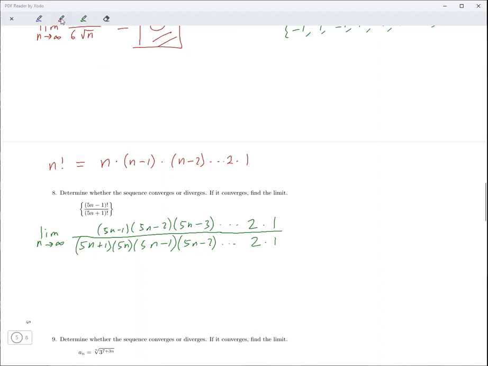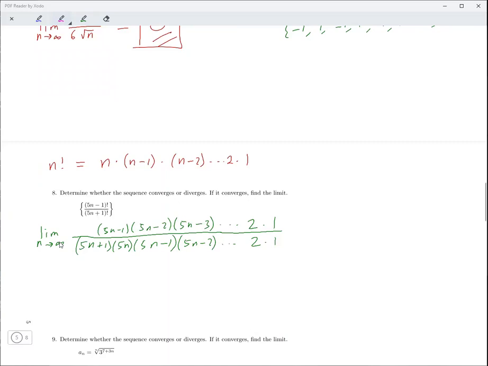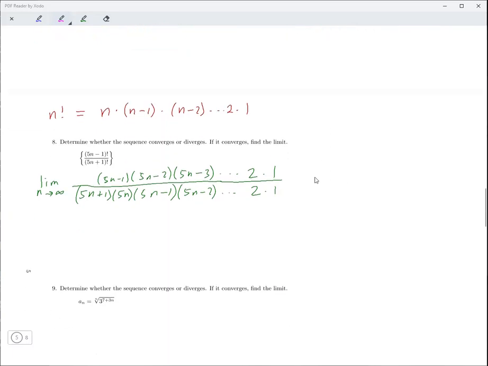a very fun thing happens, right? Called canceling. This is real canceling. This is like mathematics canceling, which is much more fun than cultural canceling, right? And makes a lot more sense. Okay, so those cancel, and then these cancel, and these cancel.